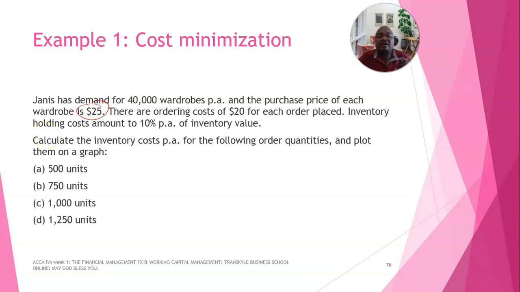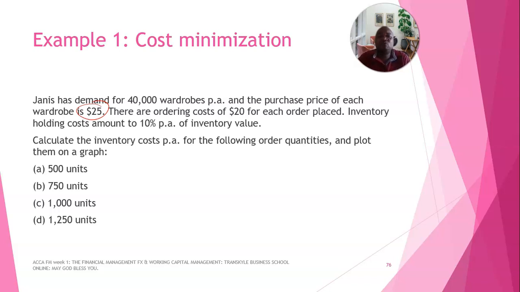So we have already mentioned that the purchase price is irrelevant. However, it can be relevant where we have some discount or it is linked to some purchase discounts of some sort. In that case, it becomes relevant. However, in this question, there is no purchase discount.